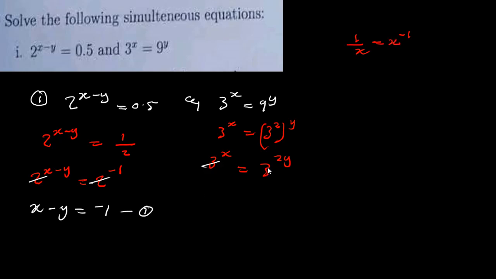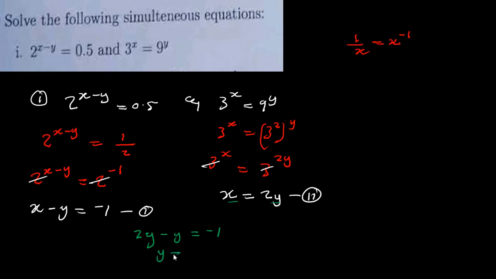And then on this side, the 3s go, and we have x is equal to 2y, and this is your equation 2. After doing that, the next thing you can do is simply replace x with 2y in equation 1. So when x is replaced by 2y, you're going to have 2y minus y is equal to negative 1.